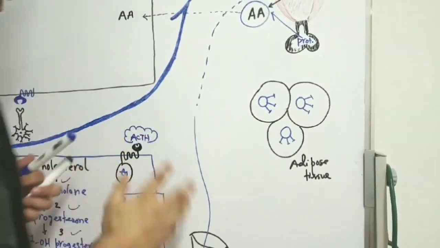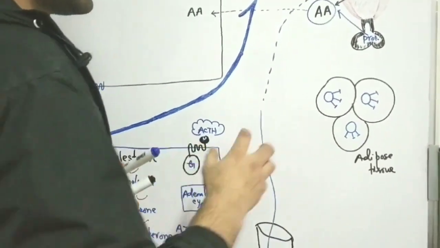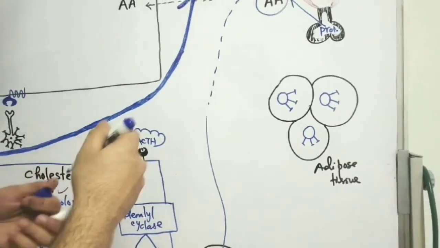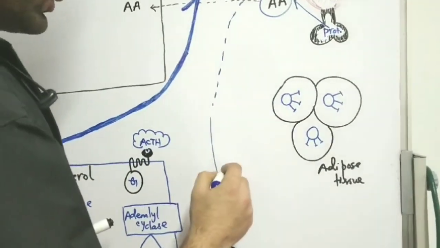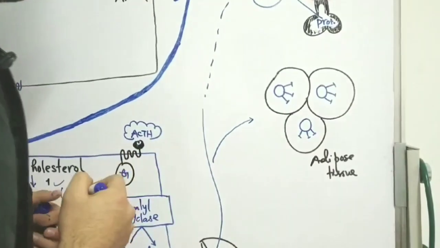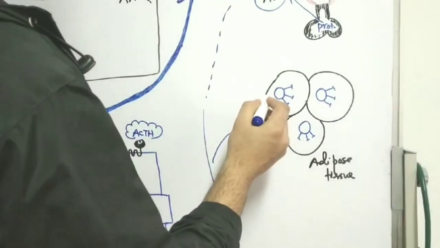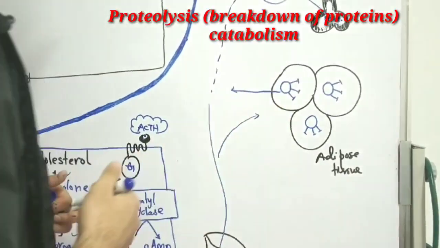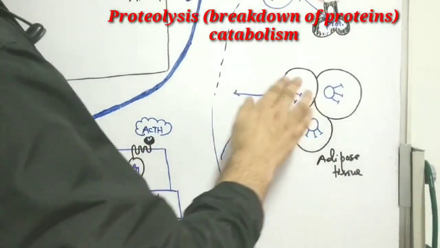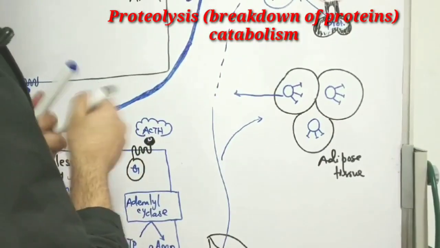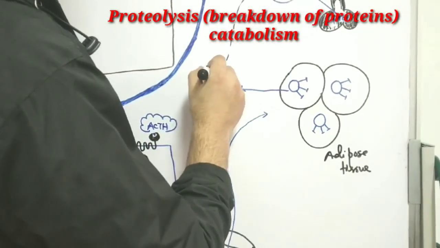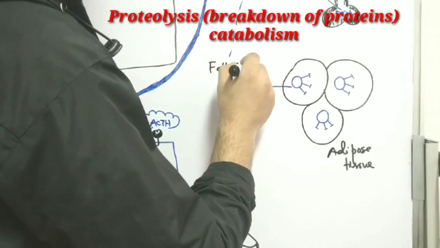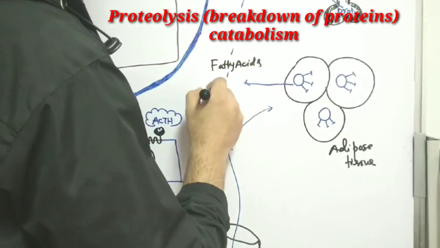Now, what is the effect of cortisol on the adipocytes? Let's see. It will go to the adipose tissue also. It will cause the lipolysis of the triglycerides. It will convert triglycerides into fatty acids and glycerol.